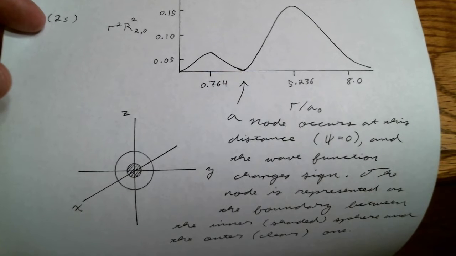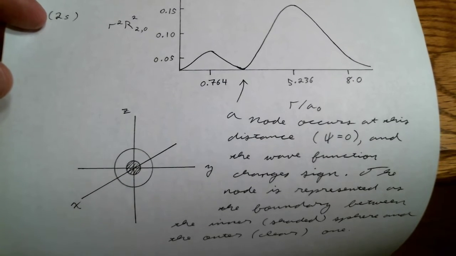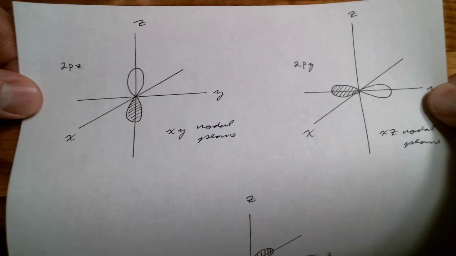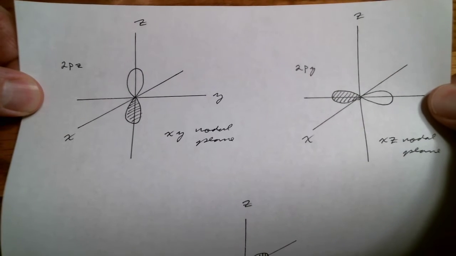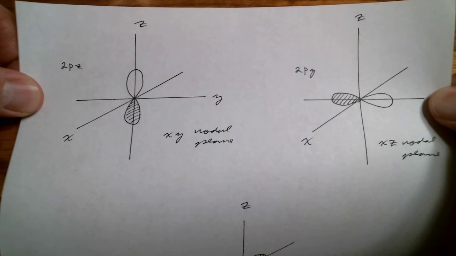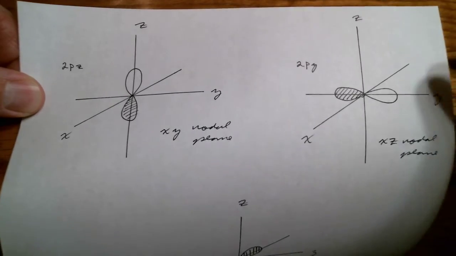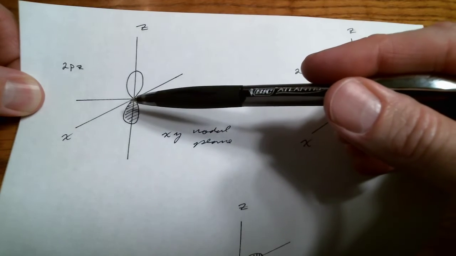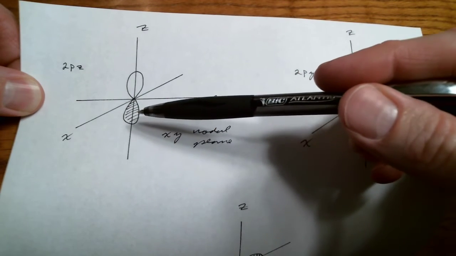Now we could go over the same sorts of exercises for the p orbitals, but I thought I would just give you a plot for what they look like on Cartesian coordinate systems. So we have three different axes. So there are three different p orbitals. There's the 2pz, 2py, and 2px, and they are represented as typically lobes, a positive lobe and a negative lobe.